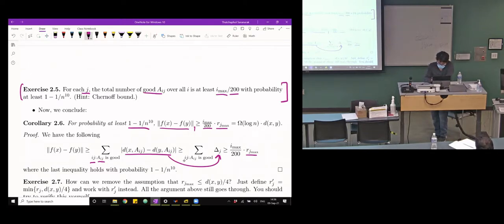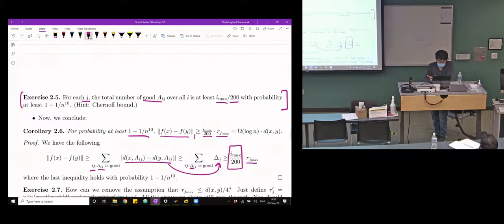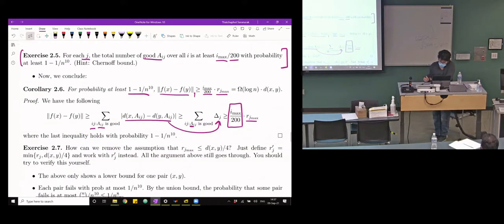And you also have that for every j, the good a_ij are a constant fraction of all the i. So you have this. Okay.